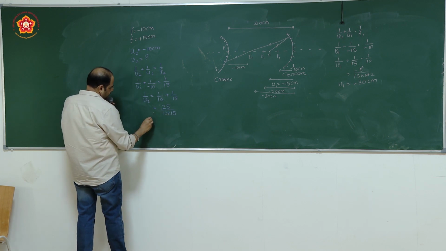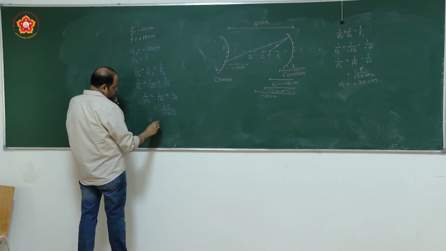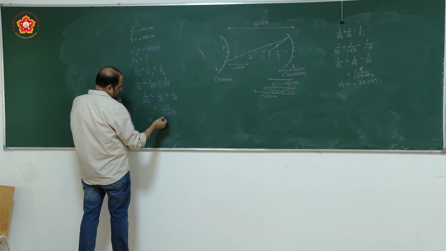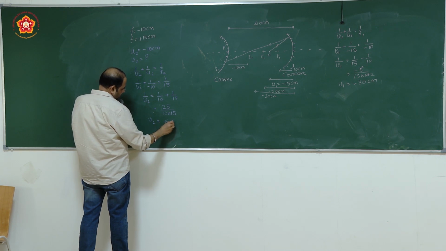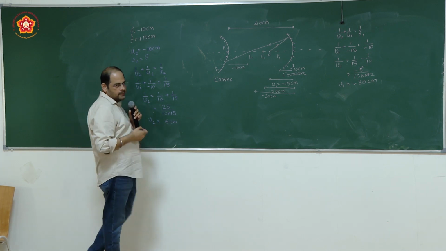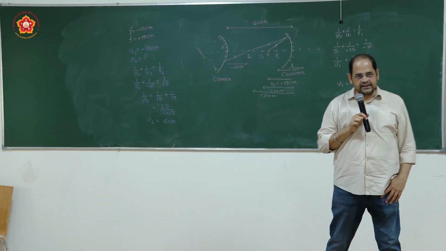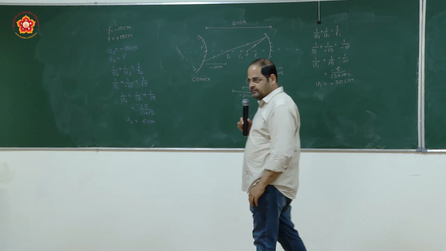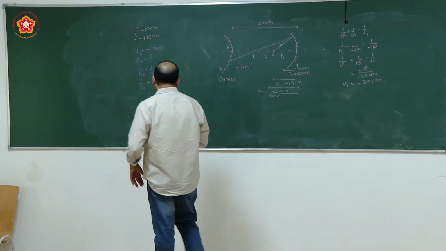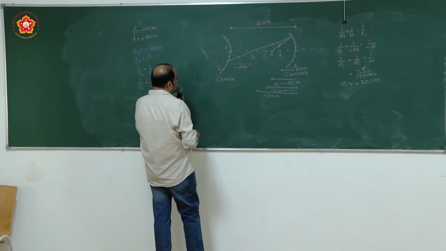So value of V2 will be taken as equal to, this will be giving you how much? 150 by 25 and 6 आएगा ये. Right? So 6 centimeter कहाँ पर आएगा ये? So it will be then 6 centimeter.